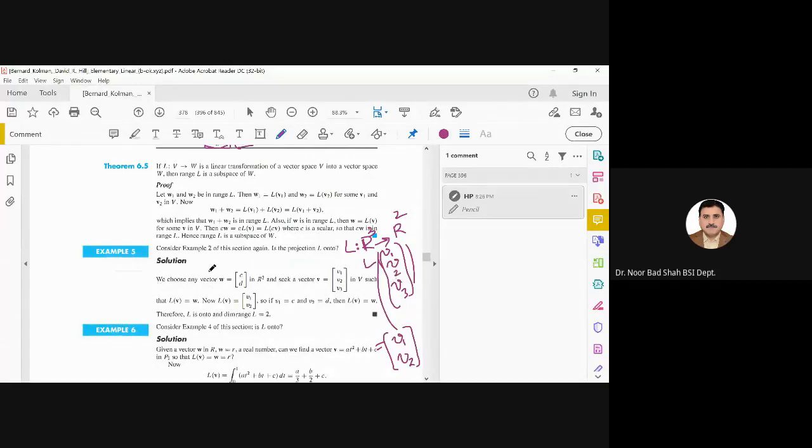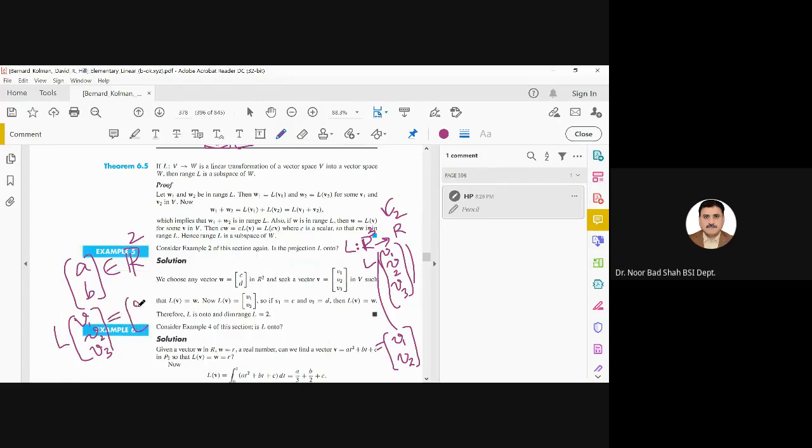For that, we take an element of R2. An element of R2 is an ordered pair, AB. We take AB belonging to R2, and suppose L of V1, V2, V3 is equal to AB.